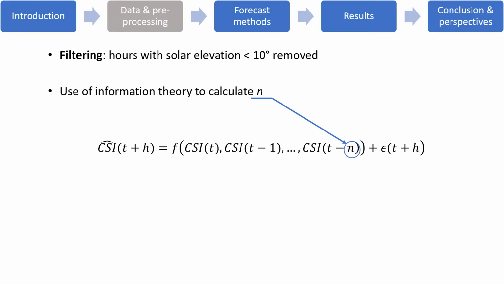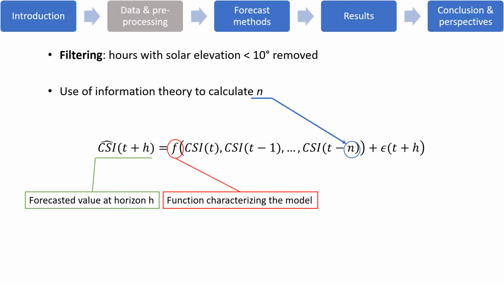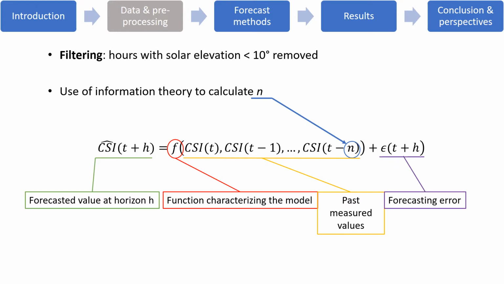Here is the formulation of the forecasting models. Here we have the forecasted value at horizon H. F is the function characterizing the models. Here the past measured values, and here the forecasting error related to each model. There is the general formulation of modeling.